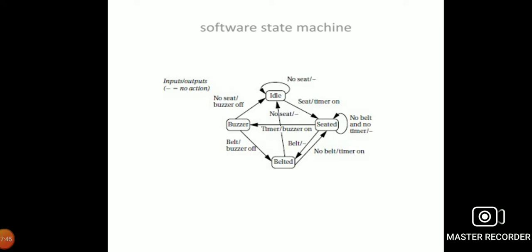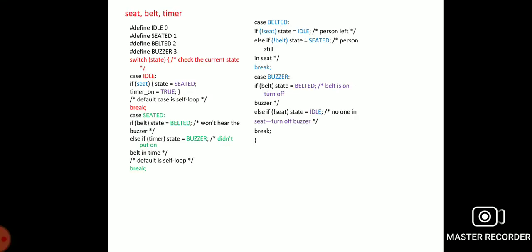So the processor would like to install the embedded C program. It is a small example program for a seat belt in your vehicle. Here the definitions are: define IDLE 0, define SEATED 1, define BELTED 2, define BUZZER 3.